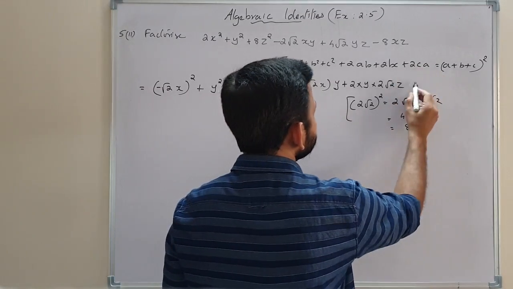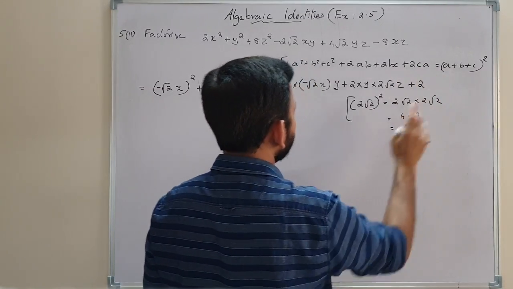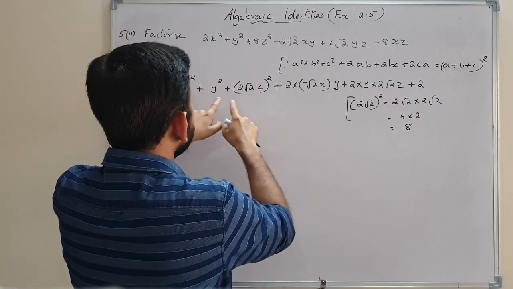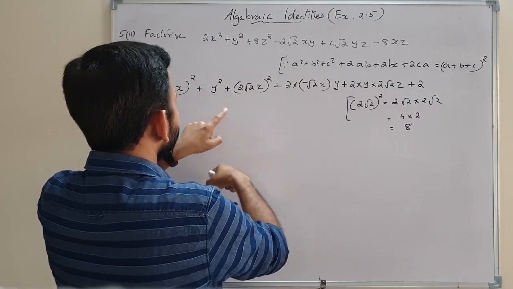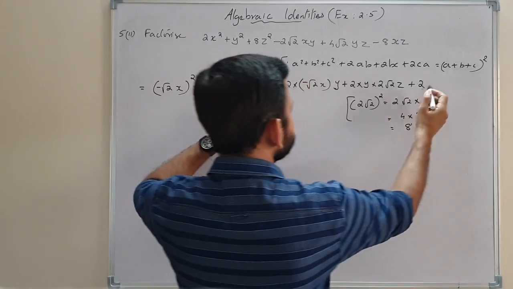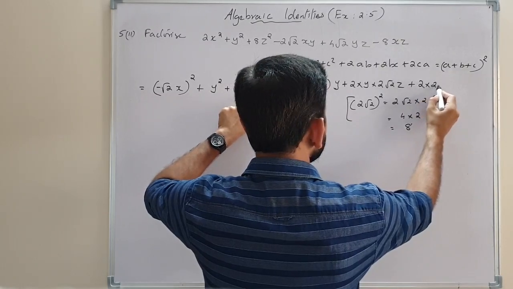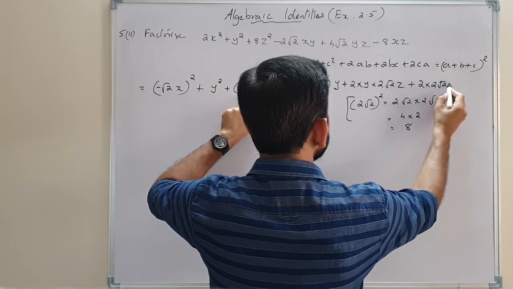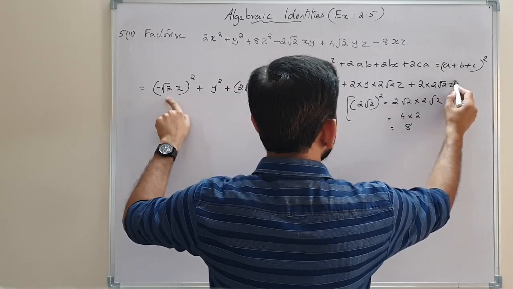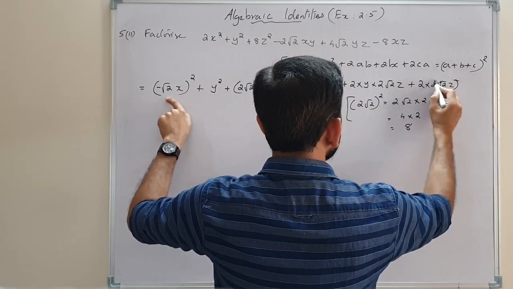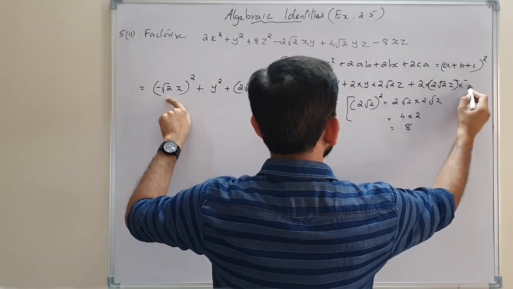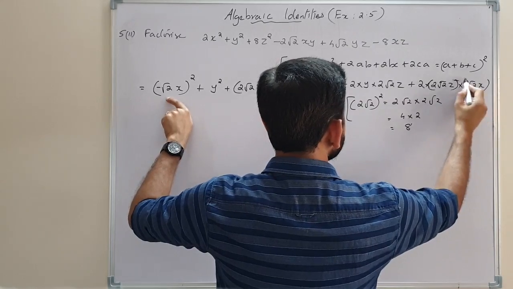Then the last term, plus 2ca, that is 2 into third term, 2 root 2 z, into first term, minus root 2 x.